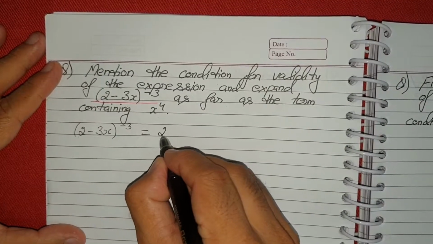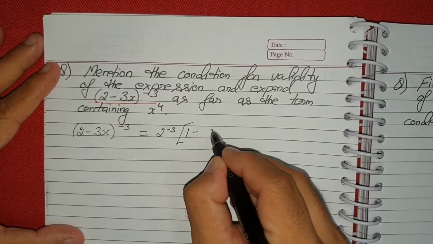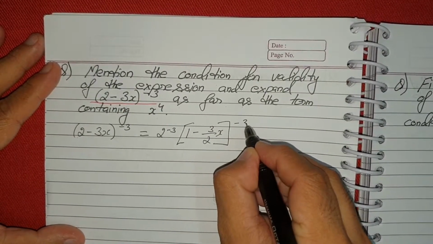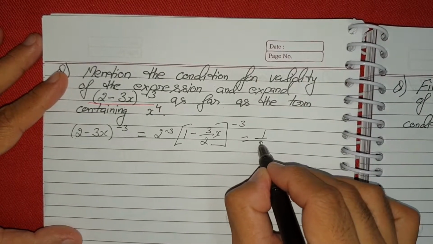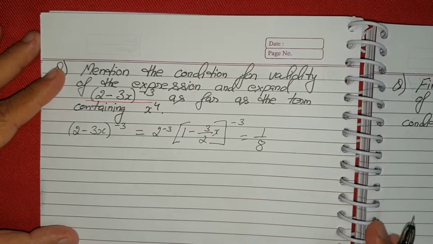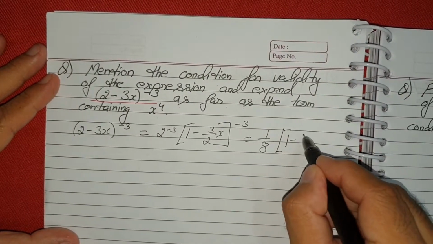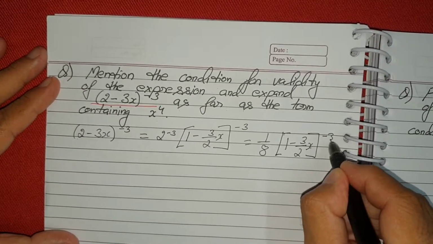So this will be 2 to the power minus 3 and the rest we can write as 1 minus 3 by 2 x to the power minus 3. So 2 to the power minus 3 is actually 1 by 8, so write 1 by 8 into 1 minus 3 by 2 x to the power minus 3.